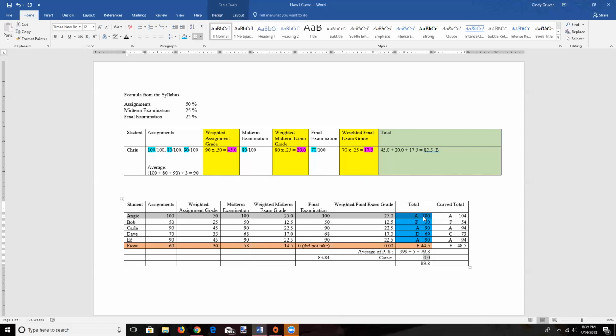So generally speaking, if you have a 78, more likely than not you'll get a B. If you have a 69, more likely than not you'll get a C. If you have a 57, 3 points on top, it could go either way.